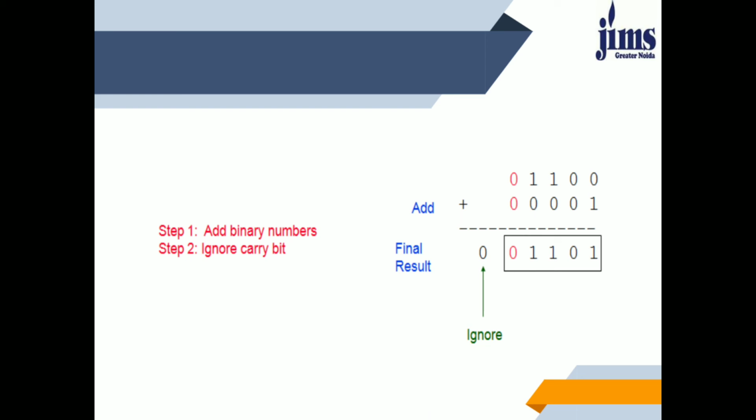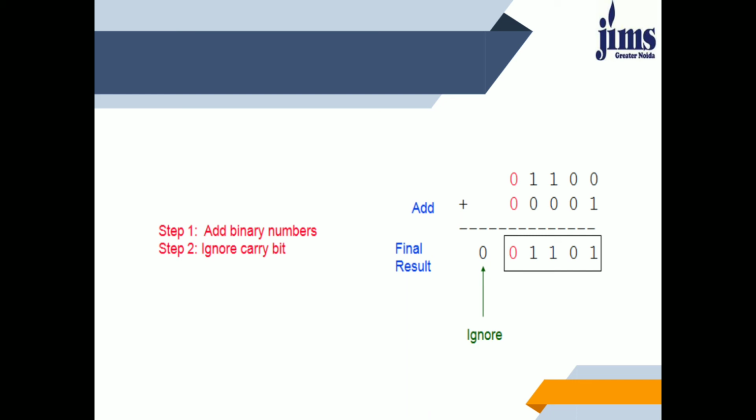Recall that we add the carry in 1's complement and in 9's complement, but in 2's complement and 10's complement, if carry generates, then discard that carry, in the addition as well as in subtraction both. If we ignore this, the answer will be the final answer. So, here you can see 1100 plus 0001 is 1101, that means 13. So, this is your final answer. Using 2's complement, addition is easy.